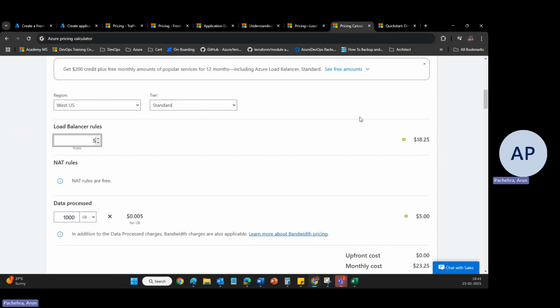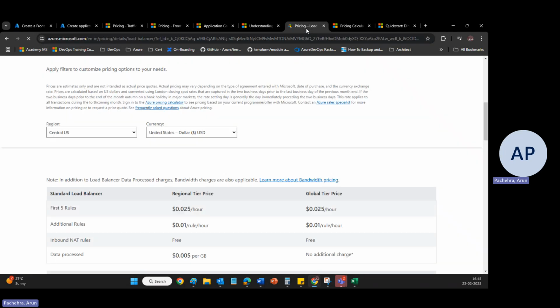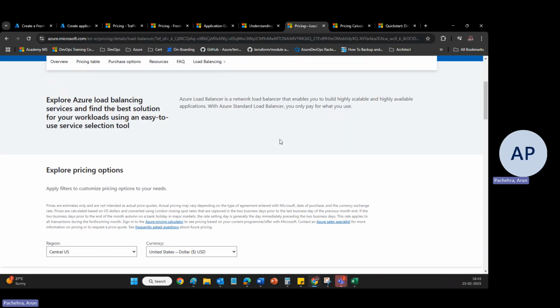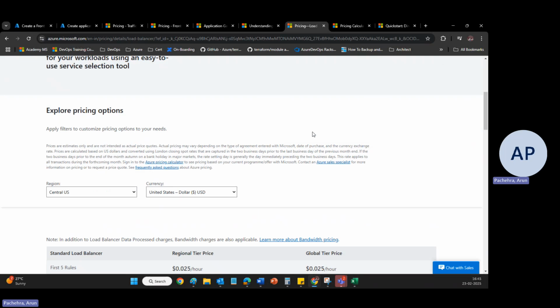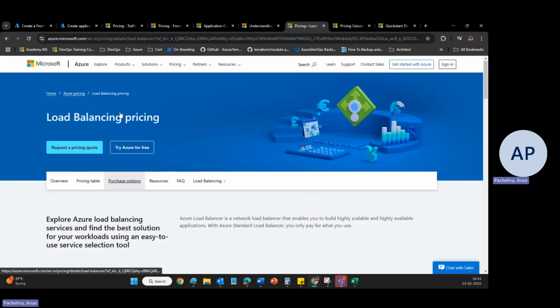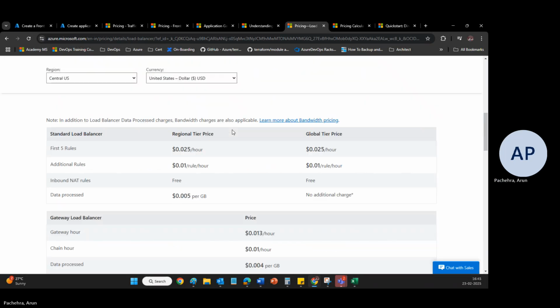All right, now let's quickly go through the documentation for Azure Load Balancer pricing. Now, here you can see the first five rules that we saw in the Azure Pricing Calculator.